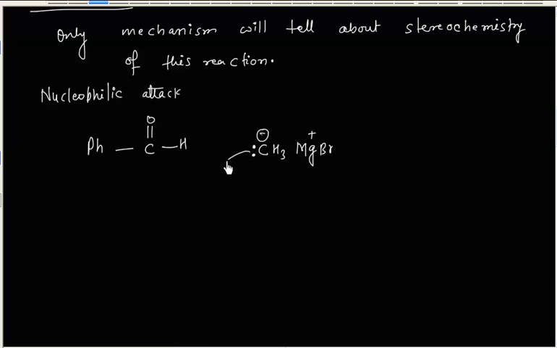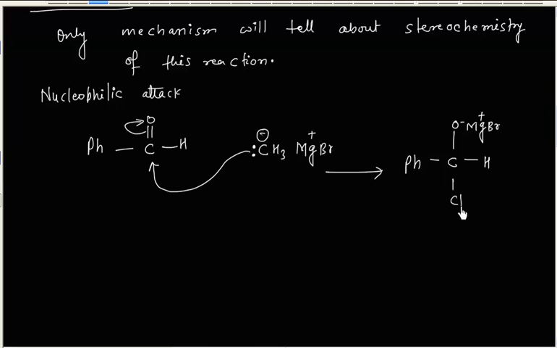This will attack on this carbon, and at the same time we have to open this bond. So we will have PhCO minus and CH3. So this is the first step, that is nucleophilic attack on carbonylic carbon.